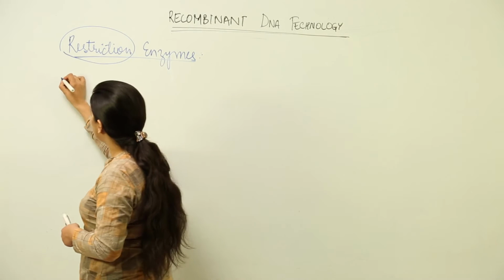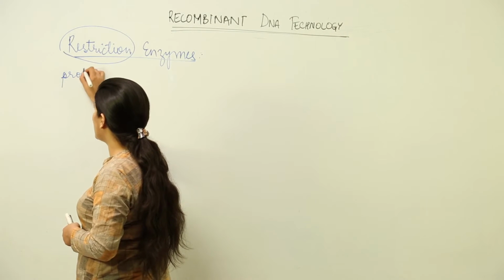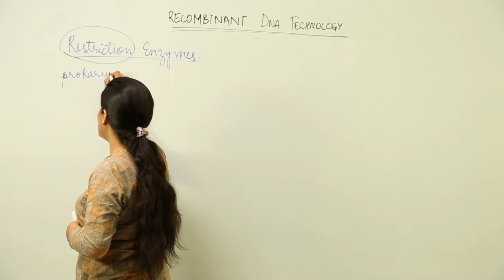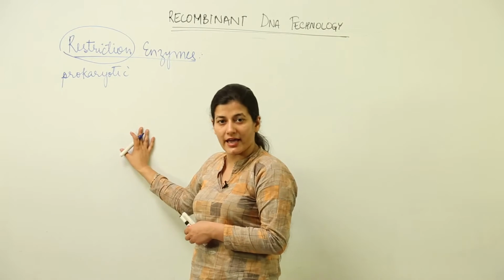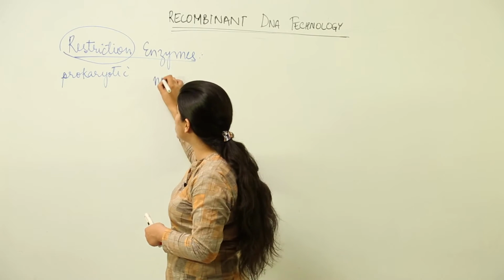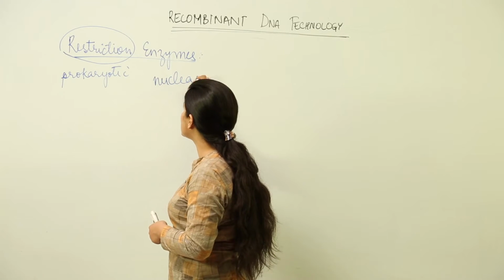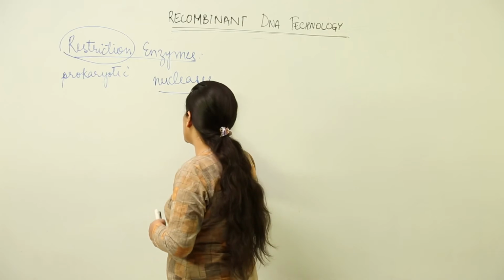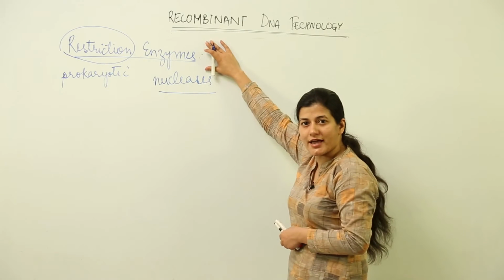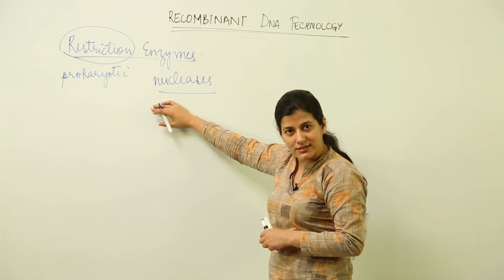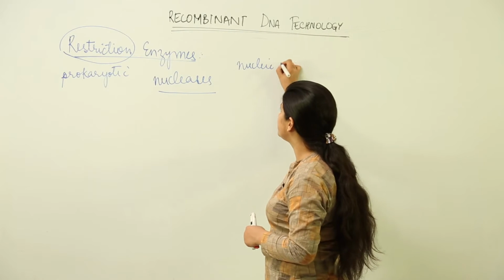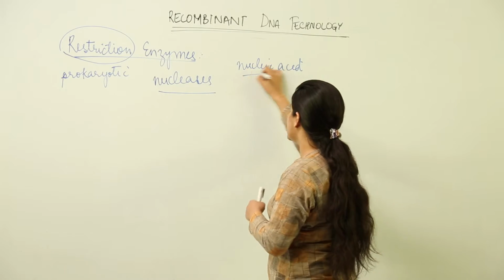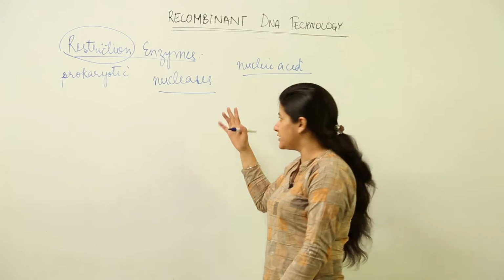Now whose restriction, who is putting the restriction onto what? You have to remember that prokaryotic cells, or otherwise called bacteria, have a special class of enzymes which are nothing but nucleases. So first thing to remember is that these restriction enzymes are those enzymes which cut nucleic acids, or you can say nucleotides.